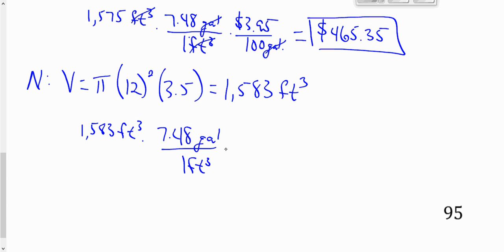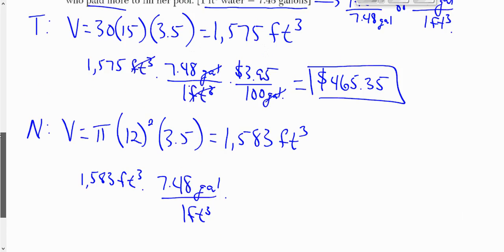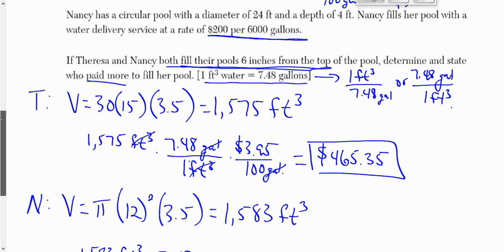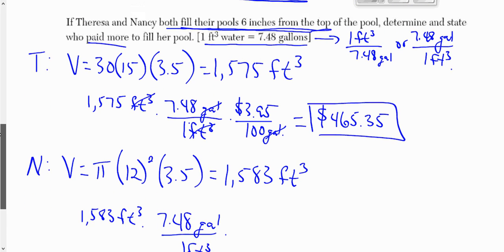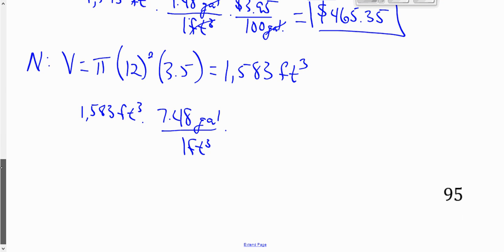And now let's put her cost ratio in there. What over what for her cost? $200 over, dollars on top, gallons on the bottom, right? $200 per 6,000. And look, cubic feet cancel, gallons cancel, dollars are left, multiply, divide.